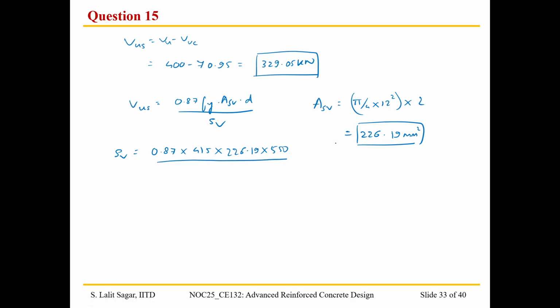The reason why we are taking this 12 mm diameter is that the shear to be resisted by the stirrups is very high. This 330 kilonewton is very high, which is why we are going for a high diameter stirrup, that is 329.05 into 10 to the power 3.